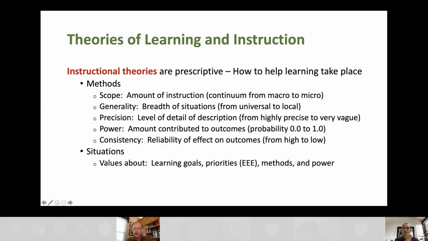The final major category of values is values about power, and that concerns who has power in the instructional situation. Are the students empowered with self-directed or self-regulated learning, or does the teacher have all the power? And your values about power are going to influence the methods that you would choose.